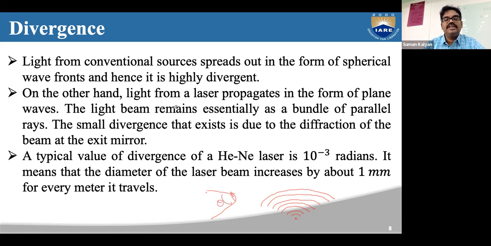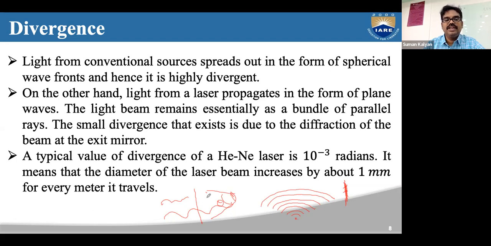Whereas light from a laser propagates in the form of plane waves. What is a plane wave? If you look through a particular plane, all the waves will have the same value at that plane.